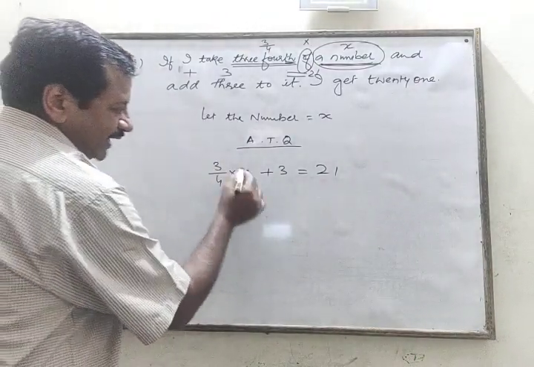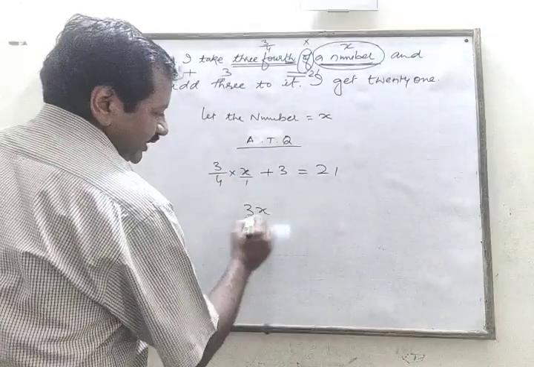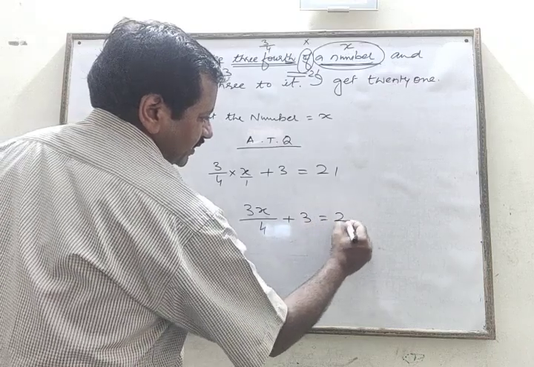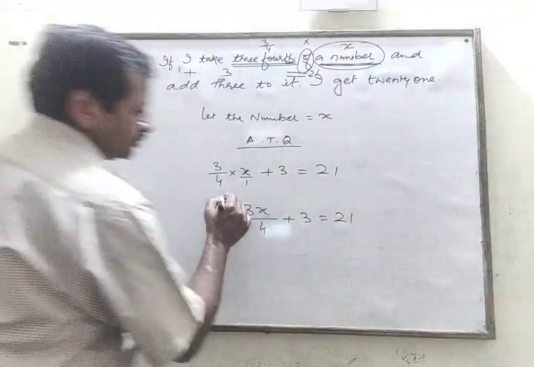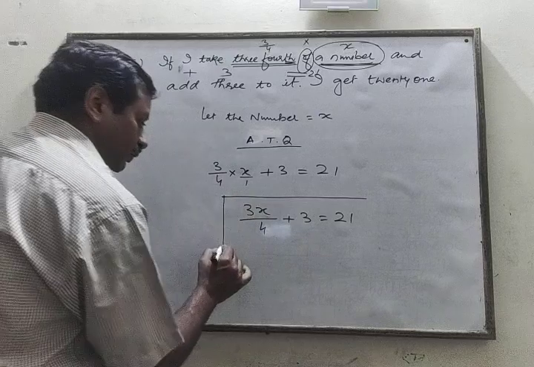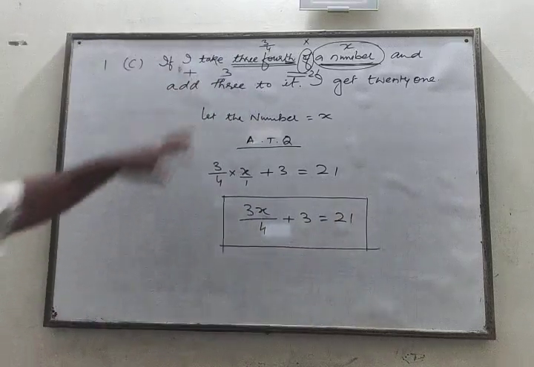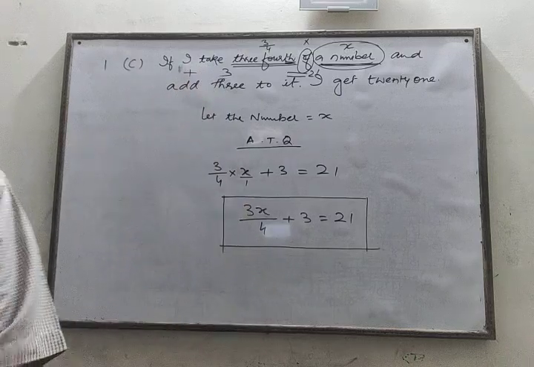So it will be 3x upon 4 plus 3 is equal to 21. So this is my equation formed on the basis of the given language.